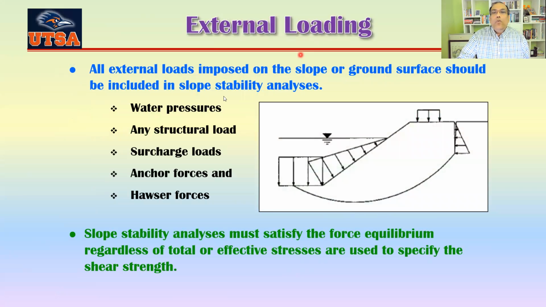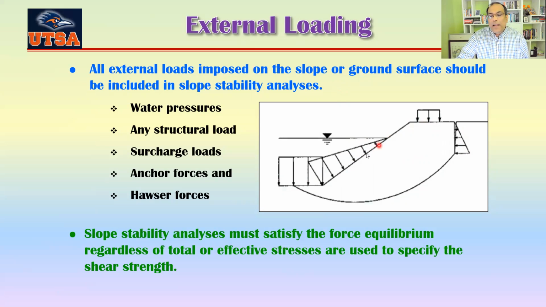Now, external loading. What are the external loadings working on that? So all external loads imposed on the slope or ground surface should be included in the slope stability analysis, okay? So you can see here the different types. This is the water pressure that's coming from here, okay? So water pressure is equal in every direction.